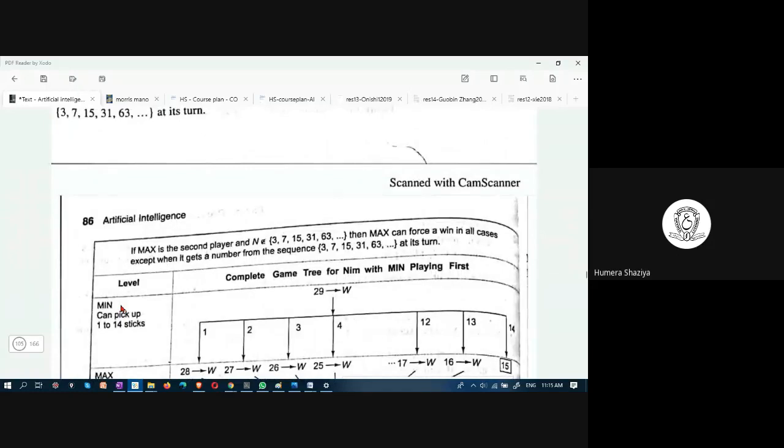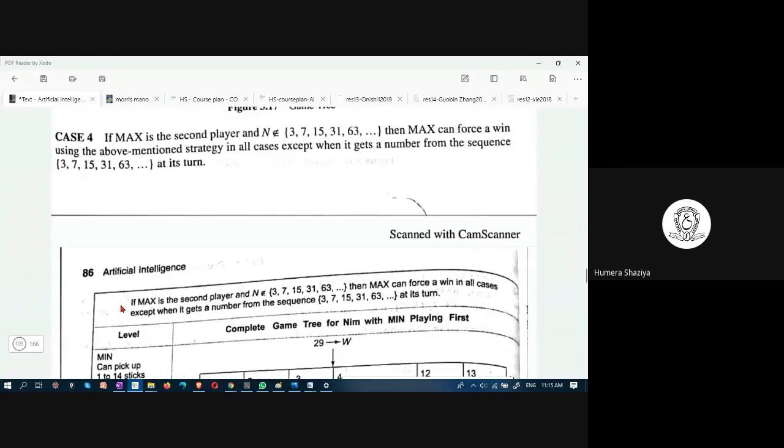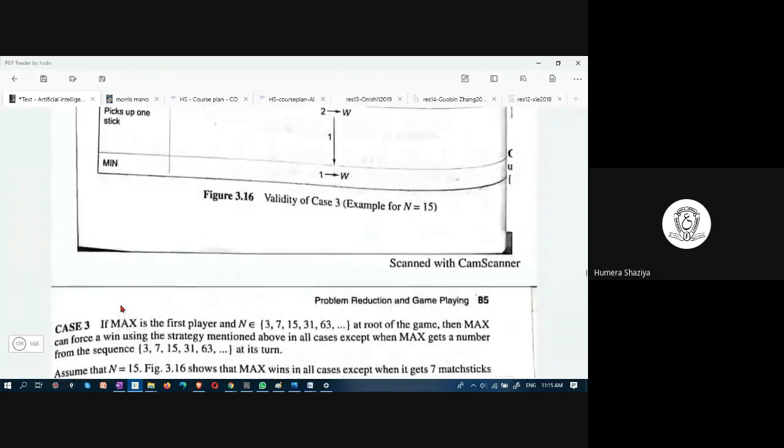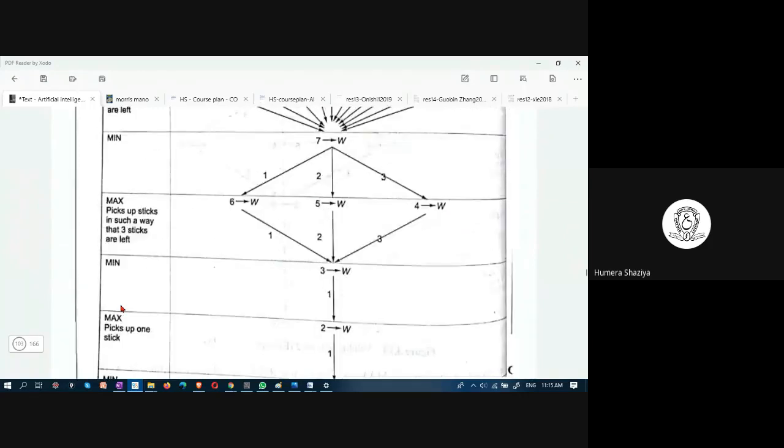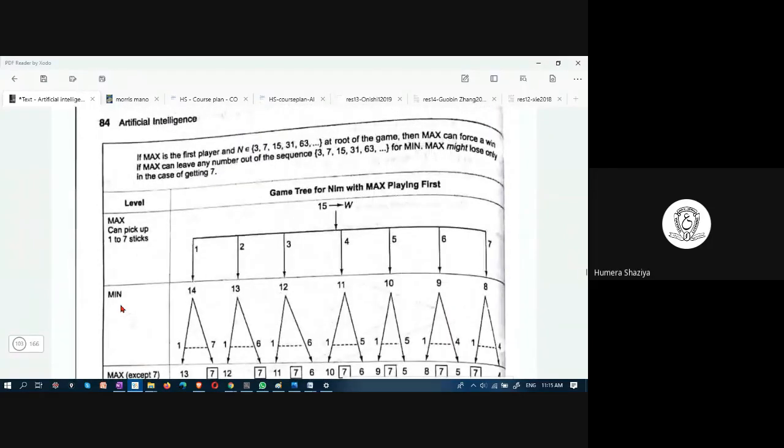There are two players; who can win, who can lose, and when they can win. How many matchsticks decide the winning or losing, and the turn of the player. If he is the first one to take the move, is he going to win, or the one who is taking second?